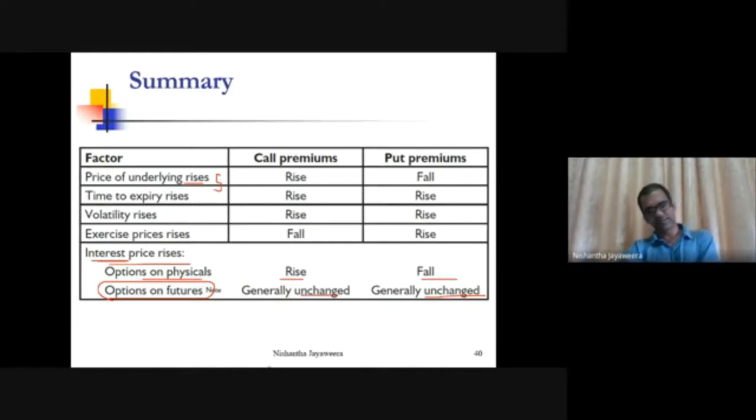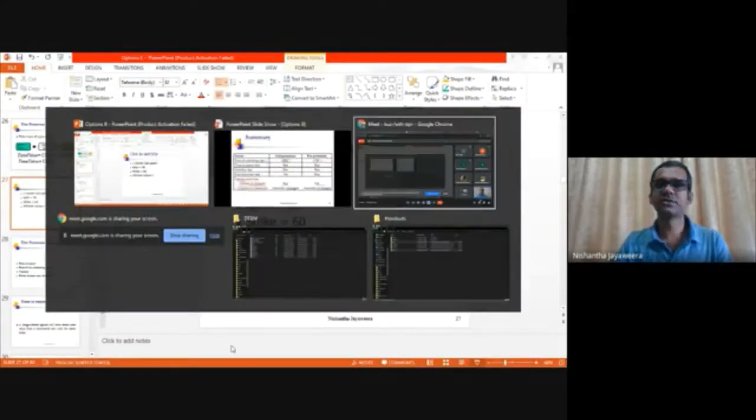So that's the best thing. Don't try to remember this relationship like this: if the price of the underlying or the spot price increases, the call premium increases and the put premium falls. Don't try to remember that. Try to remember the reason. Then you can derive this outcome. Any questions?